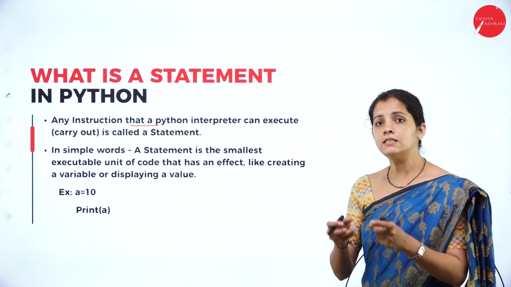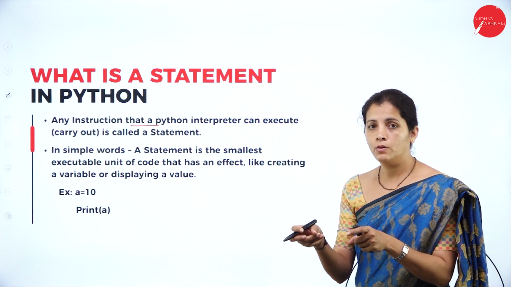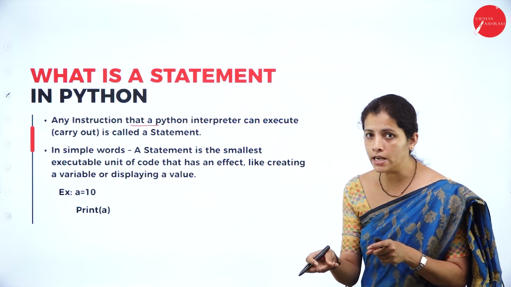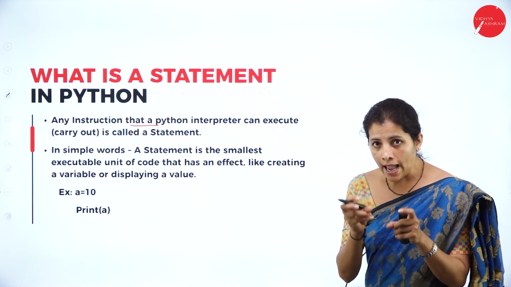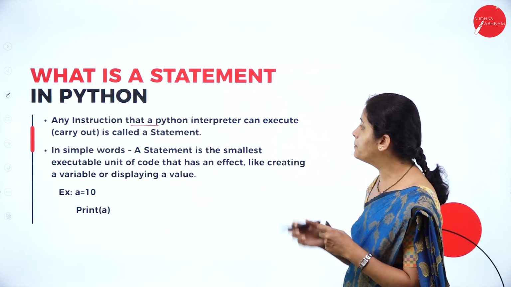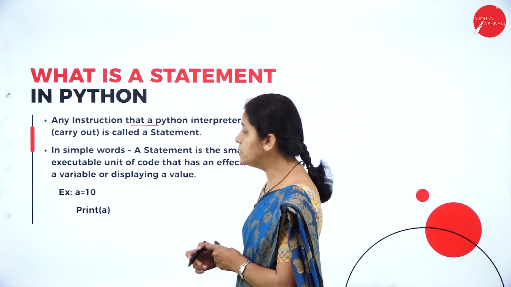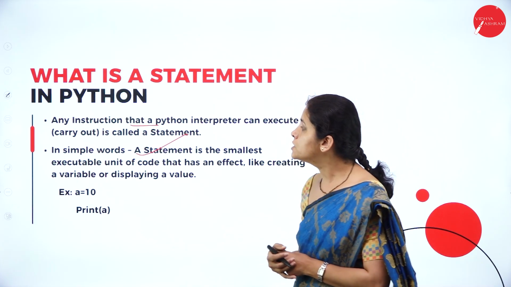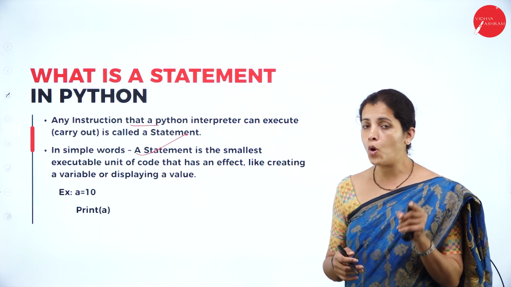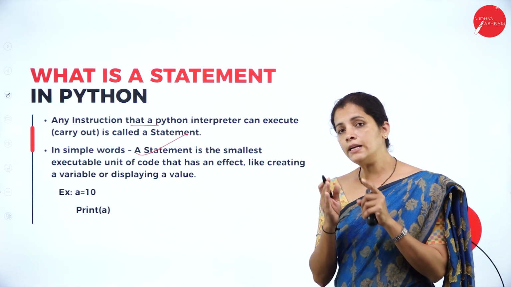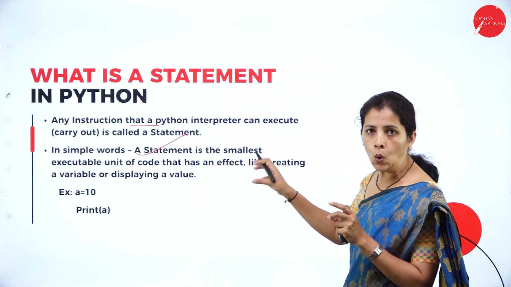If I instruct my daughter to write the exam, then it is nothing but a statement. So a set of instructions that can be executed by the interpreter is known as a statement. In simple words, a statement is the smallest executable unit of code. So what is a statement? A statement is nothing but the smallest executable code.